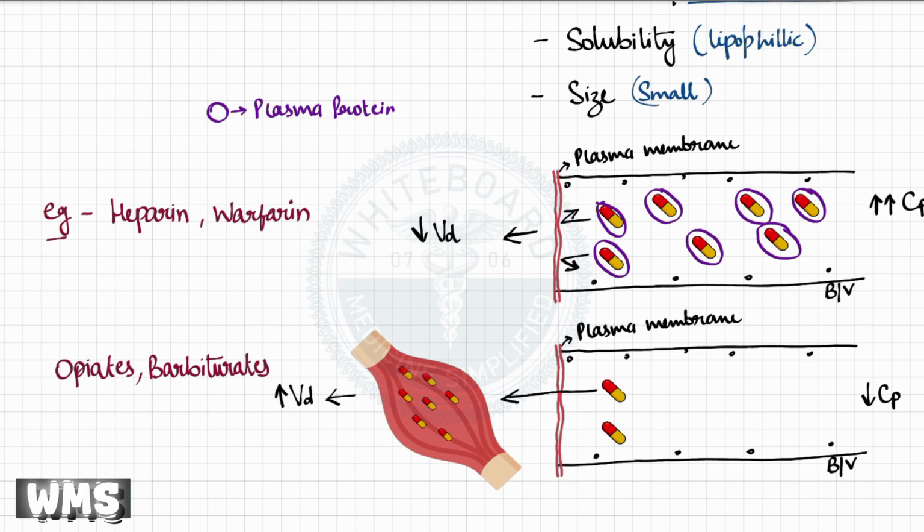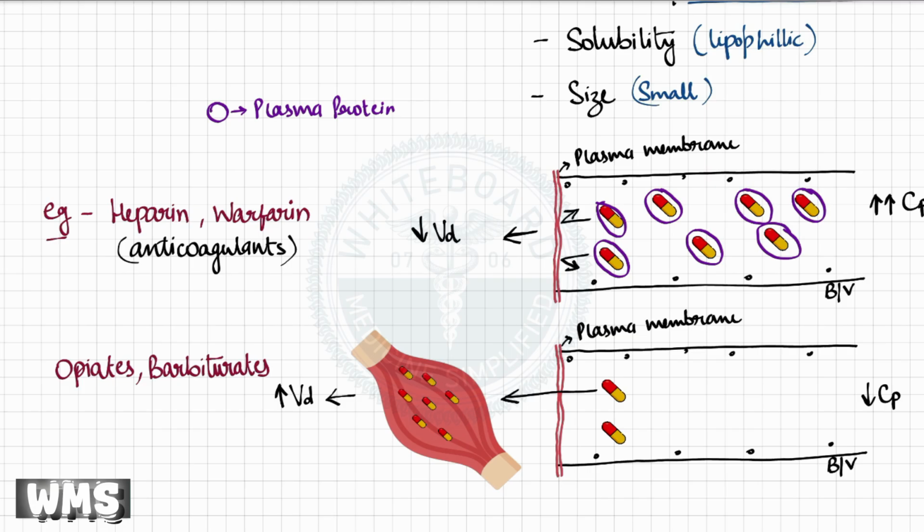Both heparin and warfarin are anticoagulants, which means their site of action is within the blood itself. Therefore, in order to exert their effect properly, these drugs need to stay in the bloodstream. Because of this requirement, these drugs are designed in such a way that they remain largely confined to the plasma rather than distributing into tissues. Therefore, these drugs have a low volume of distribution.